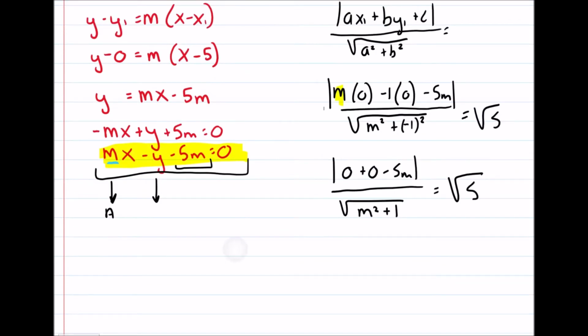So just tidying this up then, I'll have the modulus of minus 5m all over square root of m squared plus 1 equals the square root of 5.